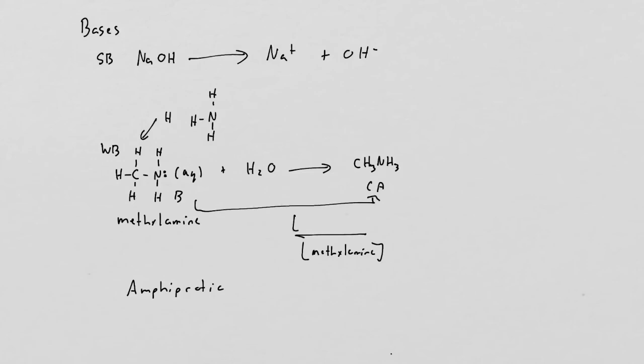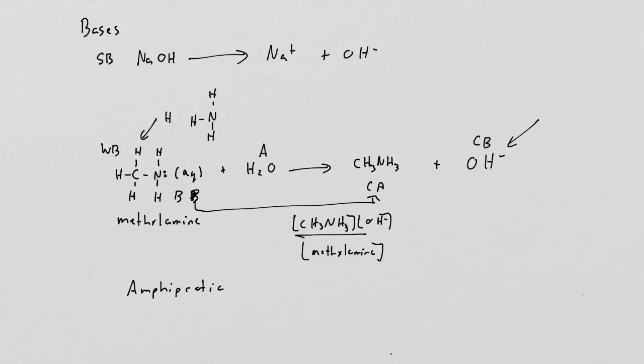So we put that guy on the top, CH3NH3 on the top, and we also put one other thing on the top, which is where it gets hydrogen from. Got it from the water. This is OH minus. Now this is the thing that we always associate with a base. And so you have this base and its conjugate acid, and you have this acid, and this is its conjugate base.